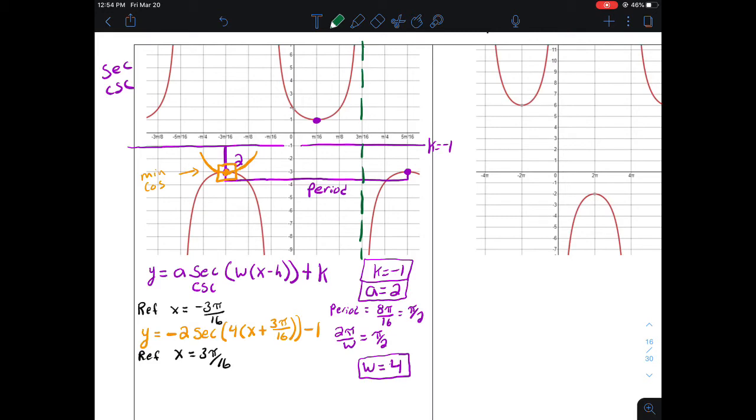Now, I'm going to continue on. I started that graph in orange, but I'm going to continue to make that graph here.